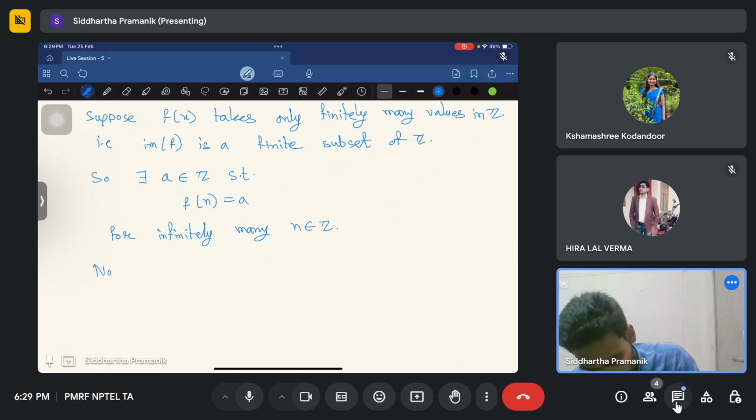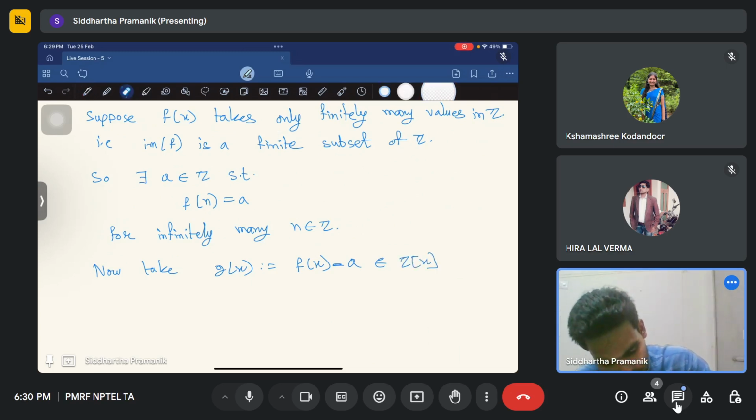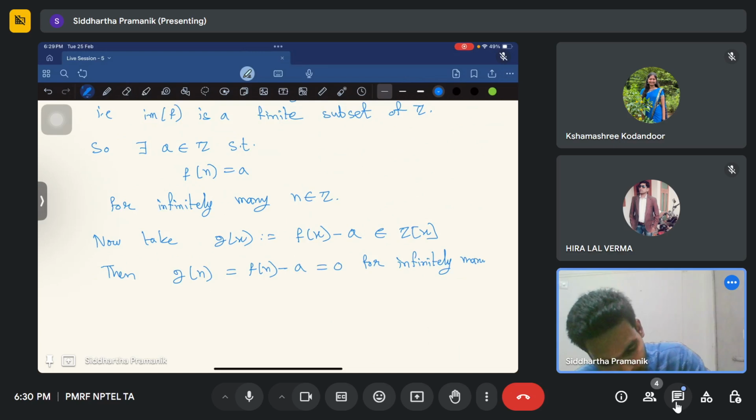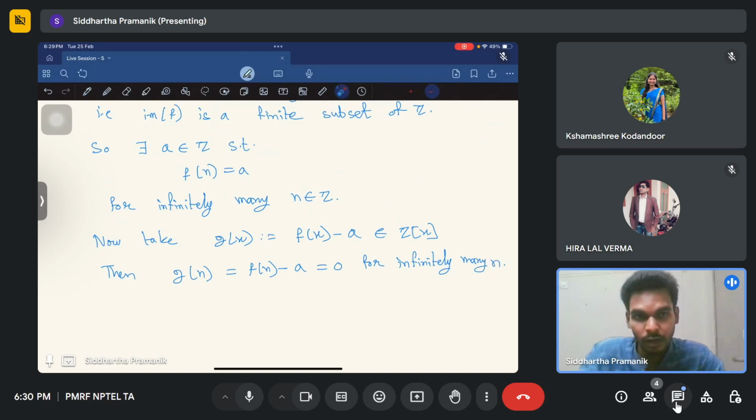Okay, now you just take another polynomial, let's say g(x). It's defined by f(x) minus a. So then this is also a polynomial in Z[x], and this has the same degree as f(x). Okay, so then g(n) equals f(n) minus a, and this is 0, and this is true for infinitely many n.